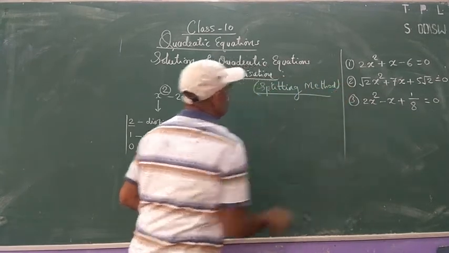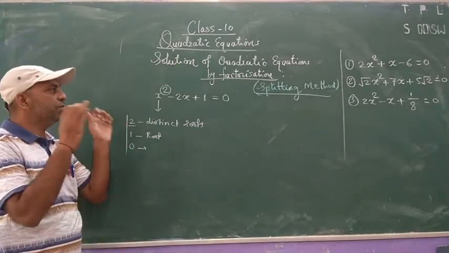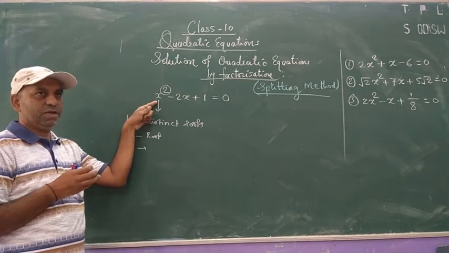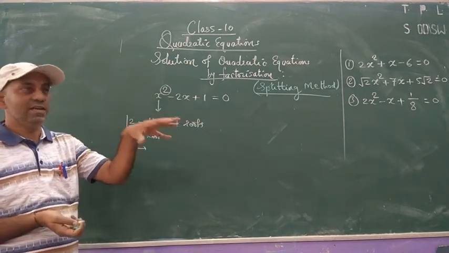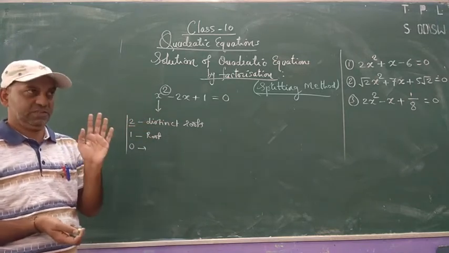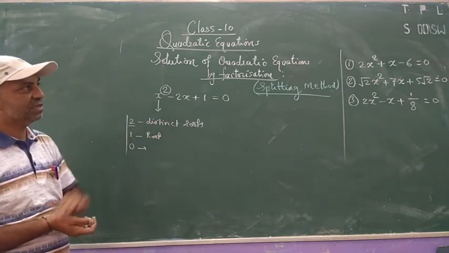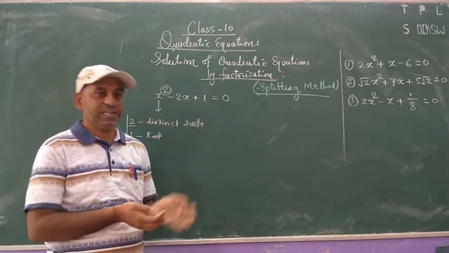So solution of quadratic equation means the value of variable which satisfies the given equation is called solution, and the quadratic equation has at most two roots. So what is this method and how can we find the root of any given quadratic equation?